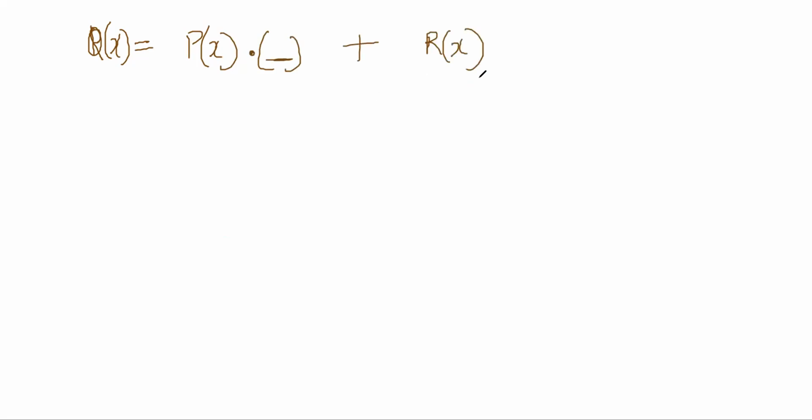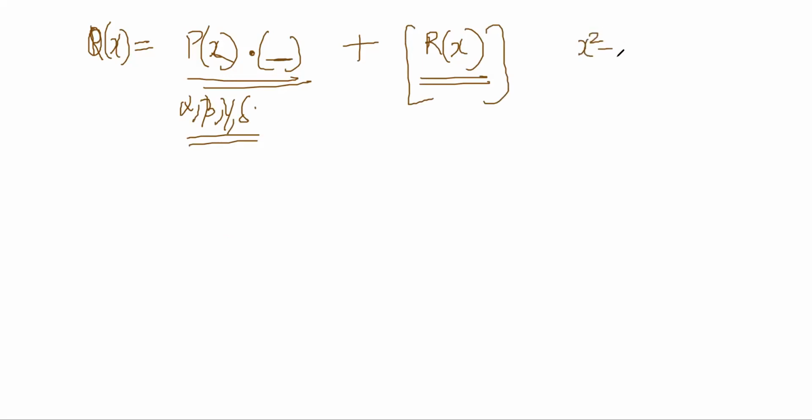What I am saying is Q(x) can be written as P(x) into some function of x plus some remainder of x. All you need to care about is finding the remainder, because this part will disappear because this has roots alpha, beta, gamma. The remainder in this case came as x square minus x plus 1.